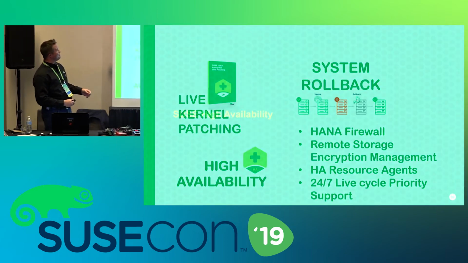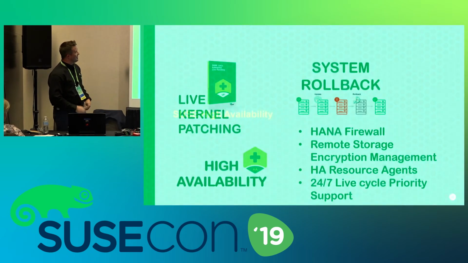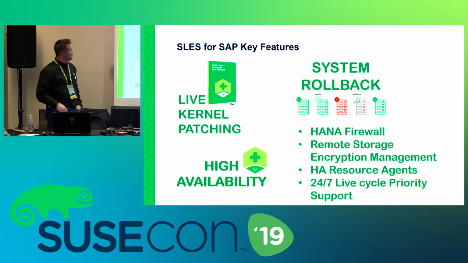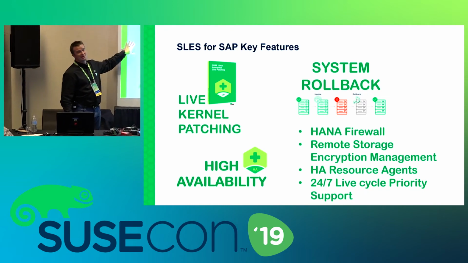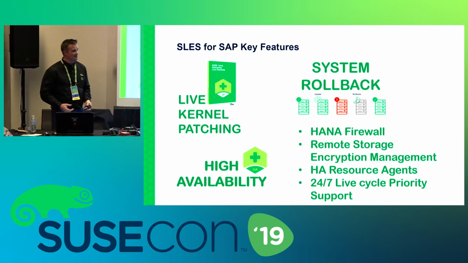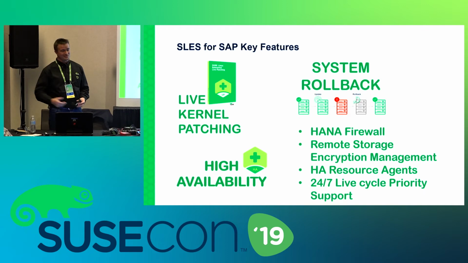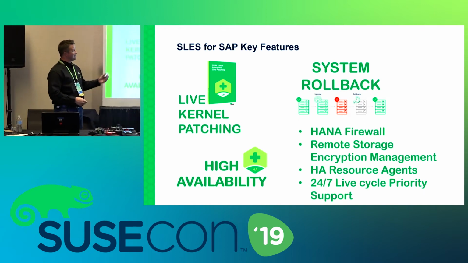So just very quickly, SUSE high availability. A couple of things that we need to know. Key features for SLES for SAP, first of all, live kernel patching. I'm not going to talk about it now, but you probably know by now that you can patch your SUSE solutions live. It's the same for SUSE for SAP. High availability is why we are here.